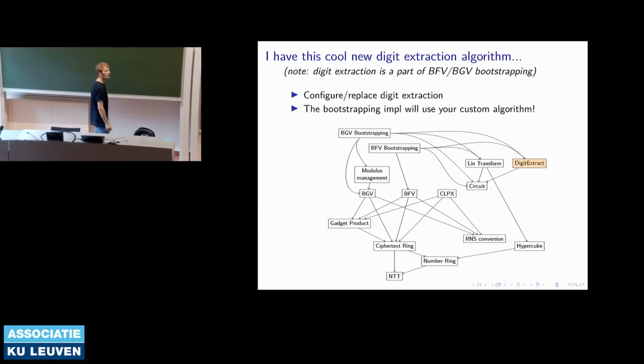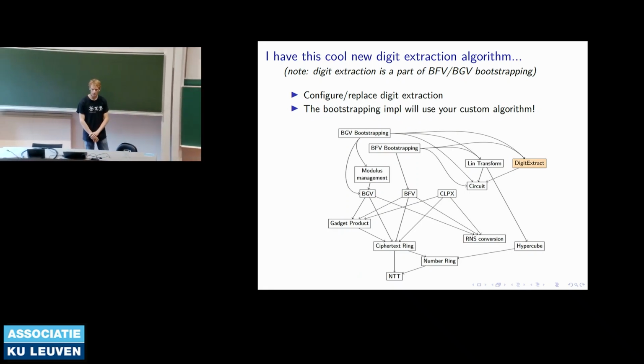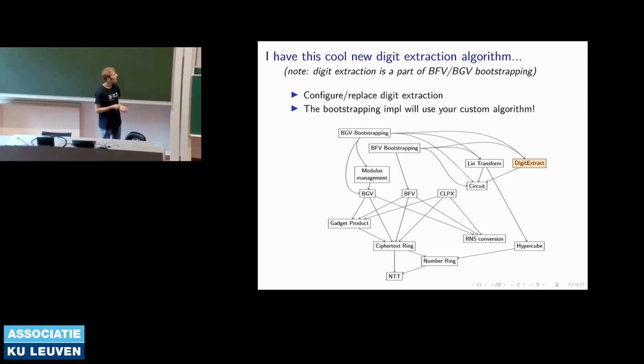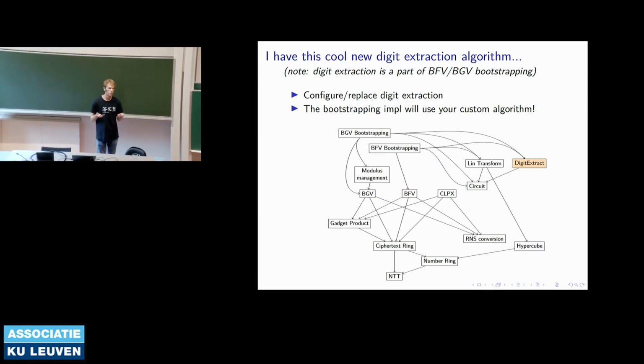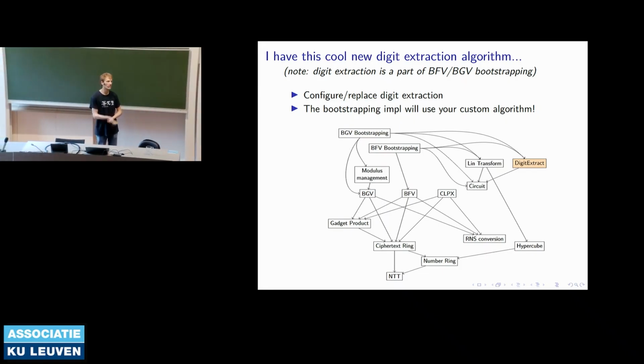Another case. Assume you work on bootstrapping for BFV or BGV, or really anything that uses digit extraction. In that case, you might come up with new digit extraction polynomials or new digit extraction circuits, which a lot of people have. I guess even Robin and Jai have made a nice paper on digit extraction polynomials, and there have been other papers too.